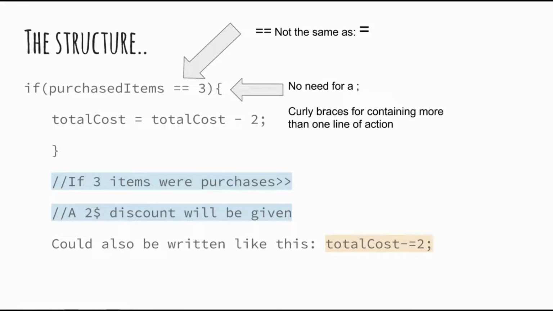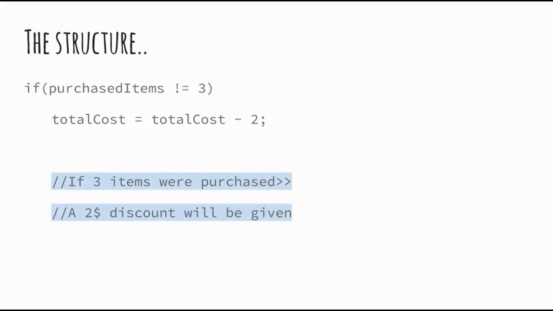You could write 3 rows and have the curly braces included, but in case you write only one action, like here in this example, you don't have to have the curly braces, but sometimes it just looks more organized and might prevent confusion. Another thing I would like to show here is this sign, which means not equal. So if the value is not equal to 3, then the following condition will happen.